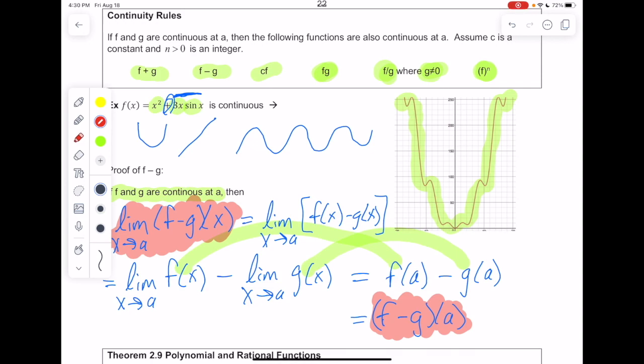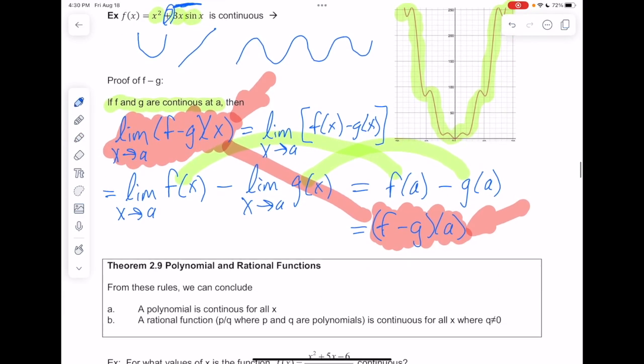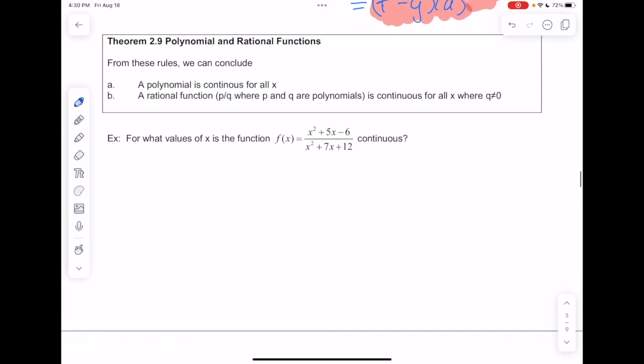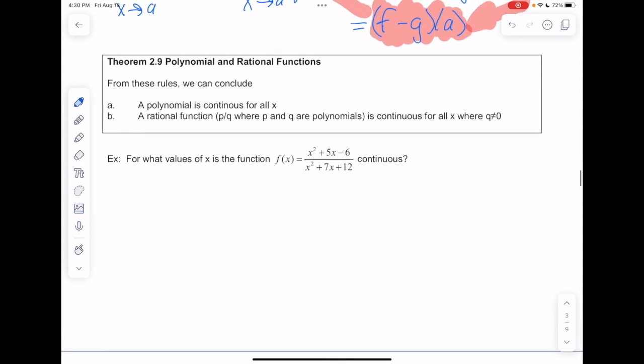So the function's defined because of the original continuity, the limit exists, and the two are equal. So that proves it. All right, let's go ahead and summarize something from that and then do some more examples.